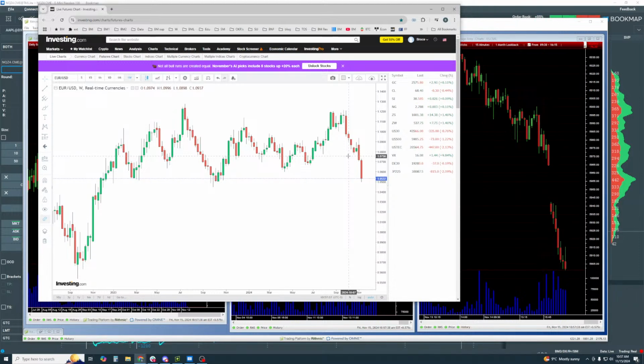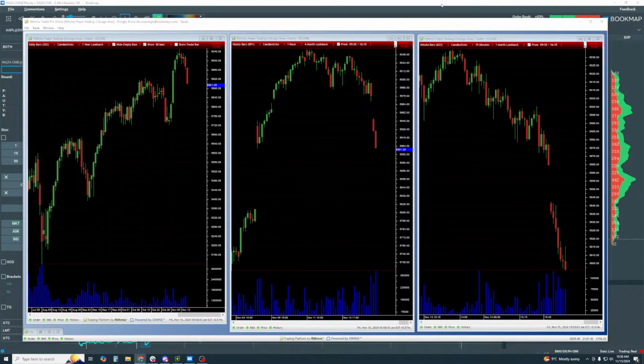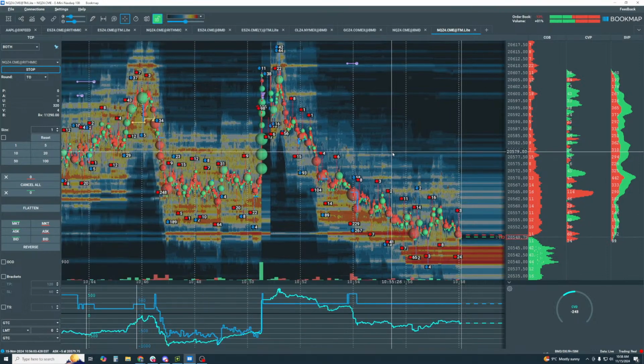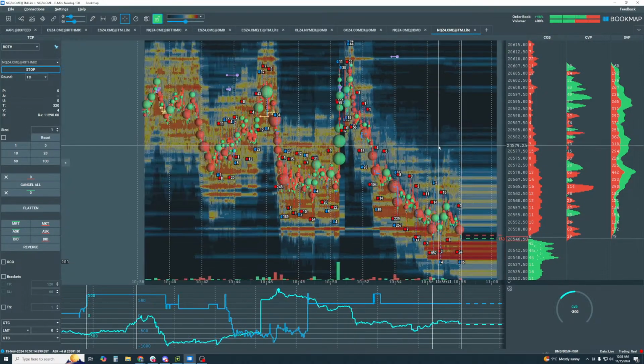Exports from the U.S. with a strong dollar. It's not looking good, right? So there's a whole host of things going on. And we have euro dollar. Dollar index is flying. Euro dollar, well, we see the weakness in the euro, strength in the dollar, retesting the swings down here around 105. All right, so a lot of things going on in here, and it's volatility, basically.